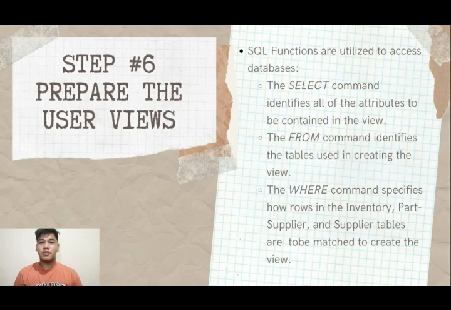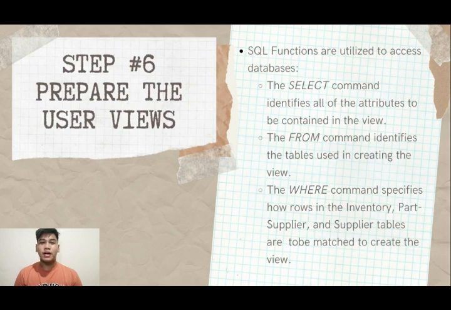So the last and final step of designing the relational database is the preparation of the user view. As defined earlier, user view is how the user sees the portion of the database that he or she is authorized to access. In this step, this is where the SQL language or the query language comes into play that has been discussed in the elements of the database.